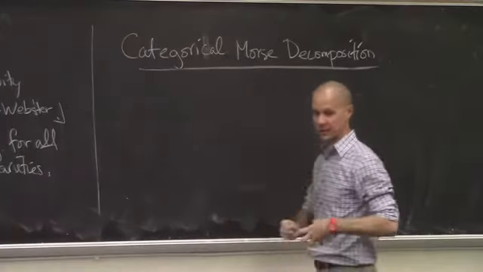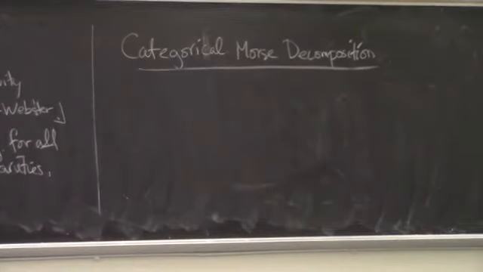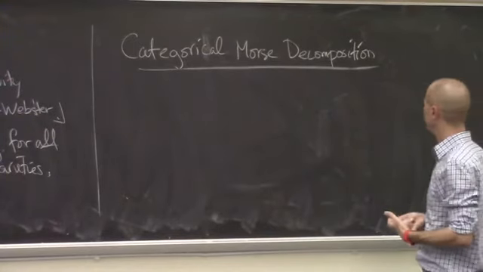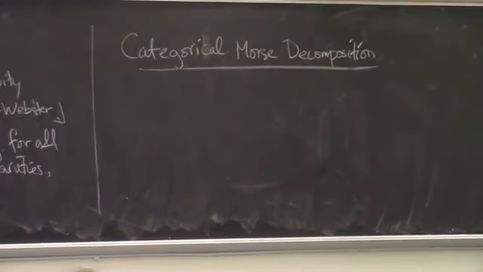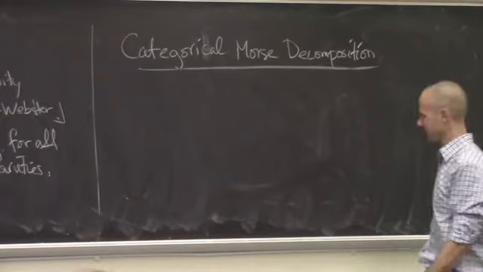I'm going to associate some category to one of these varieties, and there's some very interesting geometry in that category that you can more flexibly attack by changing what object you're looking at, so to speak.